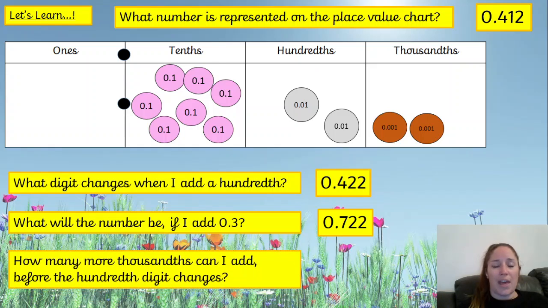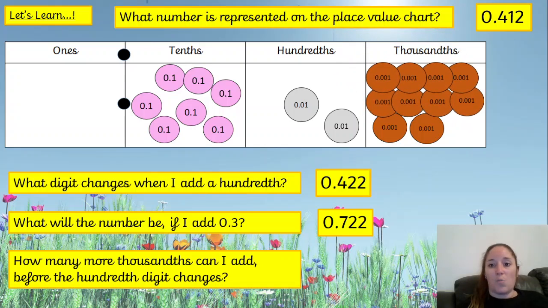How many more thousandths can I add before the hundredth digit changes? Okay, so I've got thousandths here. How many more can I add before this digit changes? Have a think about this one. Think really carefully. Okay, let's have a look.